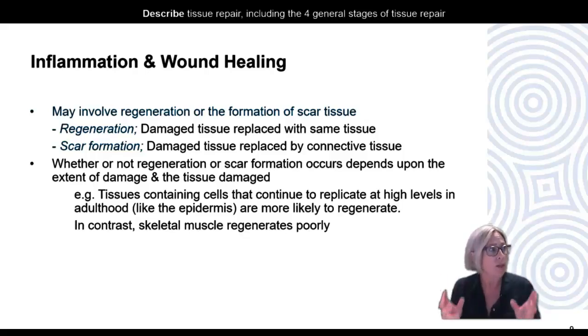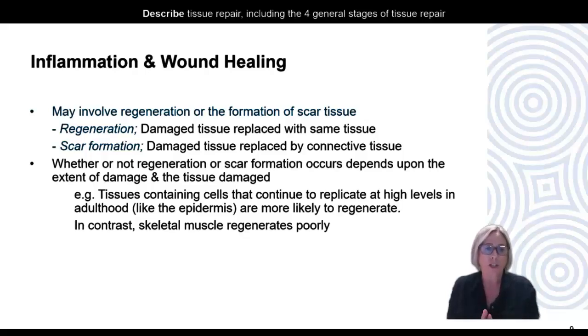And remember as well that cardiac muscle cells, or myocytes, communicate with each other. So if you throw in some kind of connective tissue there as well, you're going to lose that communication as well. And that results in scar formation. And whether or not the regeneration or the scar formation occurs depends upon the extent of the damage, so how widespread the damage is, and also the type of tissue that's damaged.